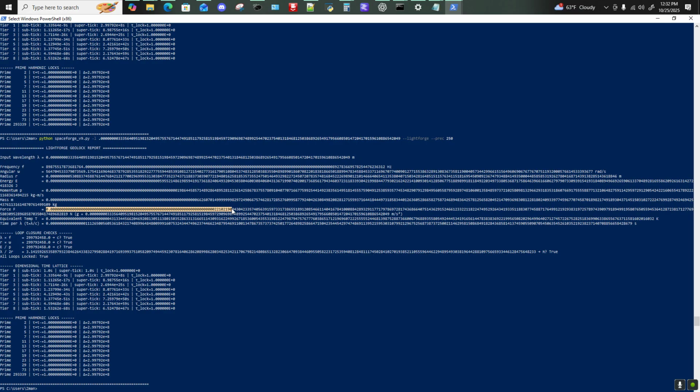So look at force. Force is that other 22102 number. This is that 1986 number.